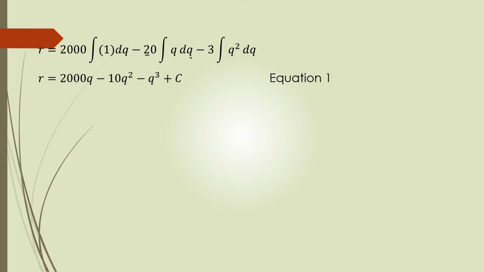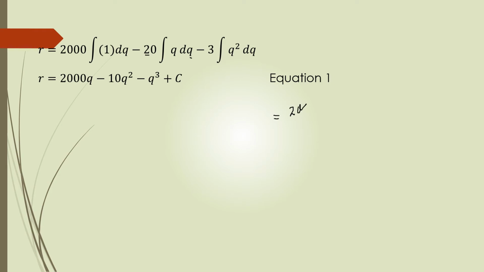Okay, so R is equal to, we know that this is 2000, integration of 1 with respect to q, it will become only q. Now this is 20, so here we have one step, so it will become 2000 q.